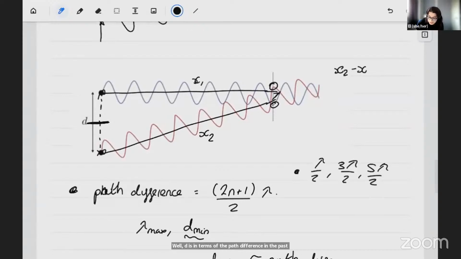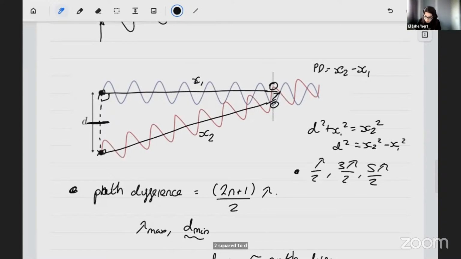The path difference is x2 minus x1, so let's just call that path difference. So to work out what D would be, we'd do some Pythagoras: D squared plus x1 squared equals x2 squared. So D squared equals x2 squared minus x1 squared.